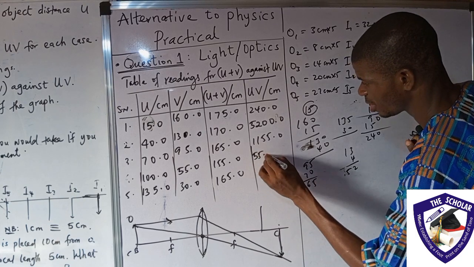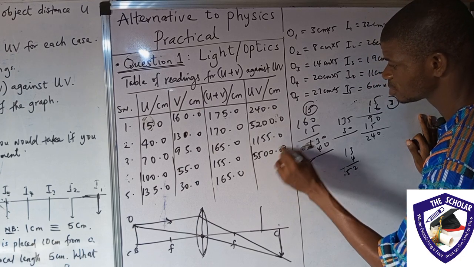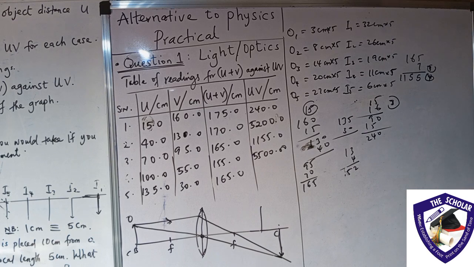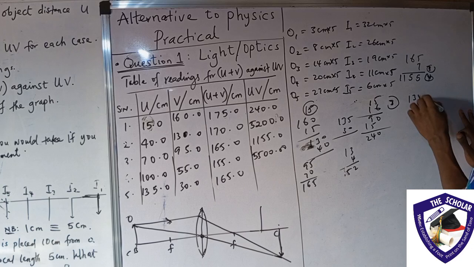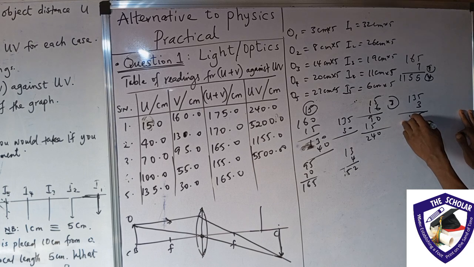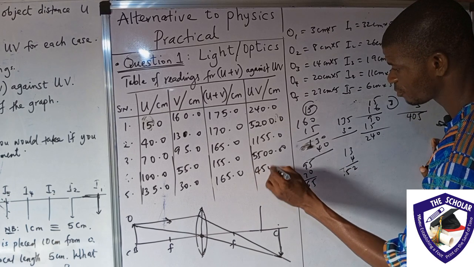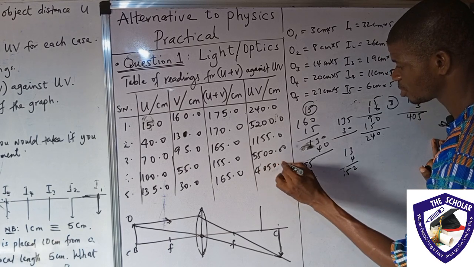That will be 5500.00. And the last one, 135 times 165. 135 times 30. 135 times 3. This is 15, 0, 3 plus 1, that's 4. So I have 405, 4050.0.